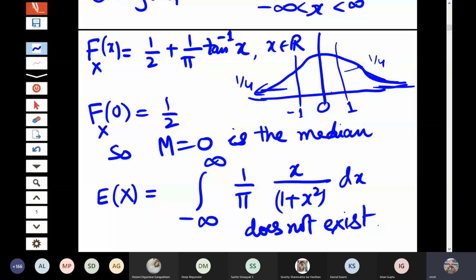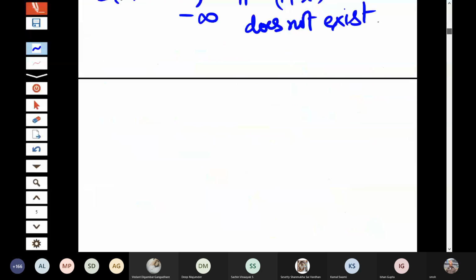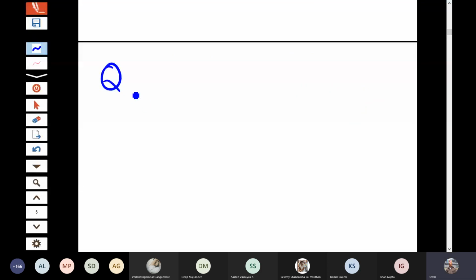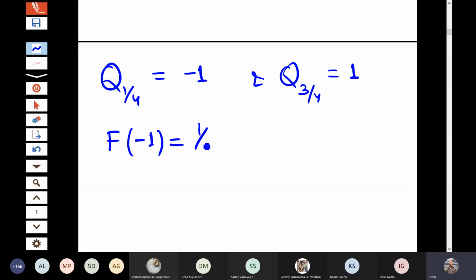So here you get Q of 1 by 4 equal to minus 1, and Q of 3 by 4 equal to plus 1, because F of minus 1 is 1 by 4 and F of plus 1 is 3 by 4. So for this particular distribution, we are able to easily determine all these things.